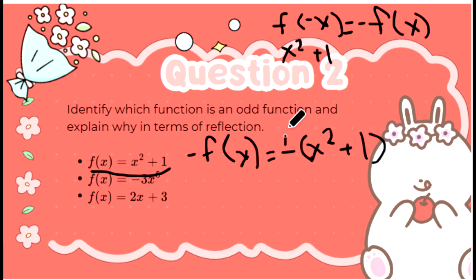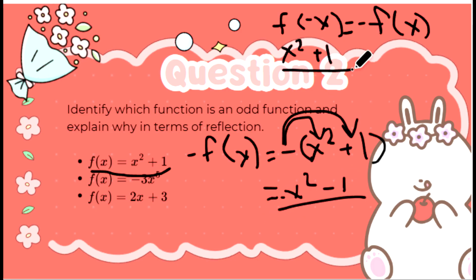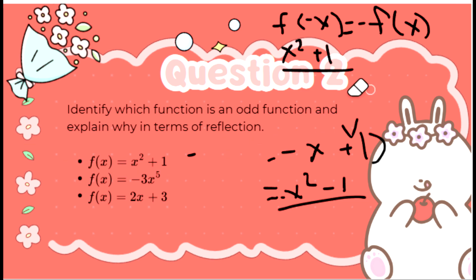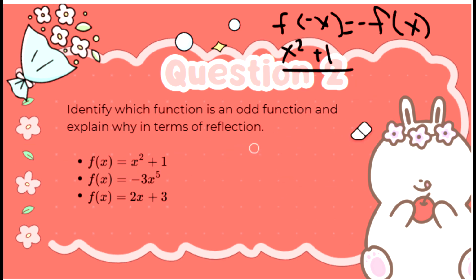So we have negative x squared minus 1. Does this match this? No. So that means that our first one is not odd. Our first option has been eliminated.